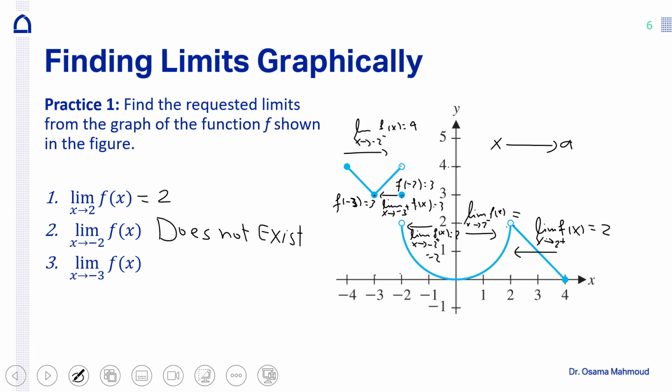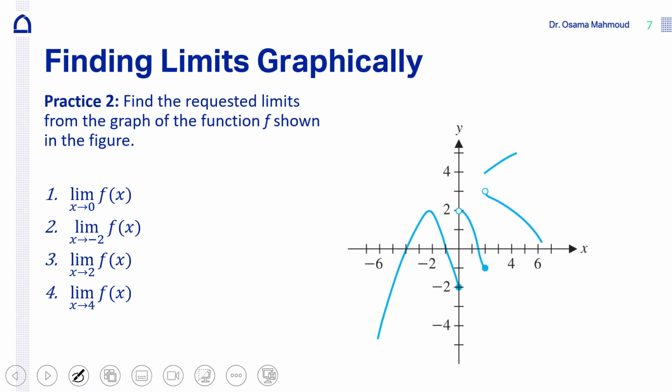This height is 3. When I come from the left, for x tends to minus 3 from the left, the same height, which is 3. So the right limit equals the left limit equals 3, so this limit is equal to 3. This is how to check your limit in any graph of a function.